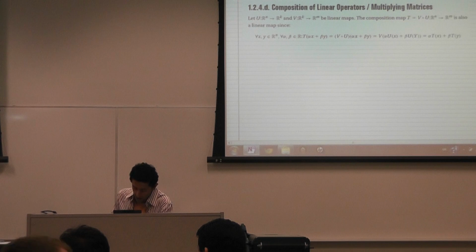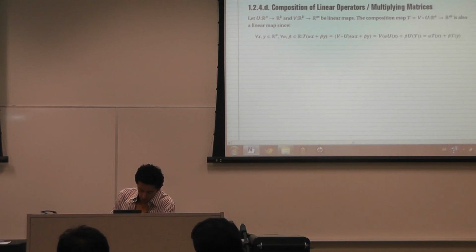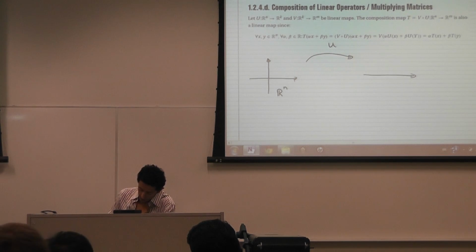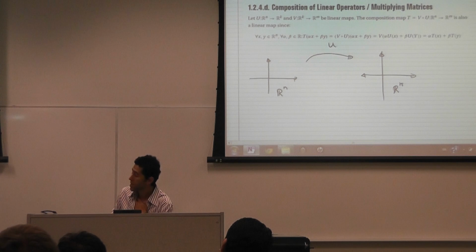So a matrix, as we said, takes from a linear vector space. Let's call this U. And let's say that this is Rn, and this is Rk. From an n-dimensional vector space to a k-dimensional vector space.